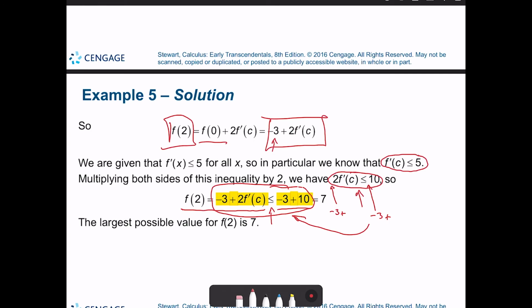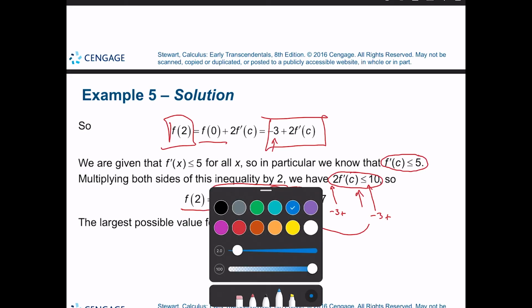It's strange to be putting these values back into an inequality like this. It's more familiar to most of us to, give me a different color here.